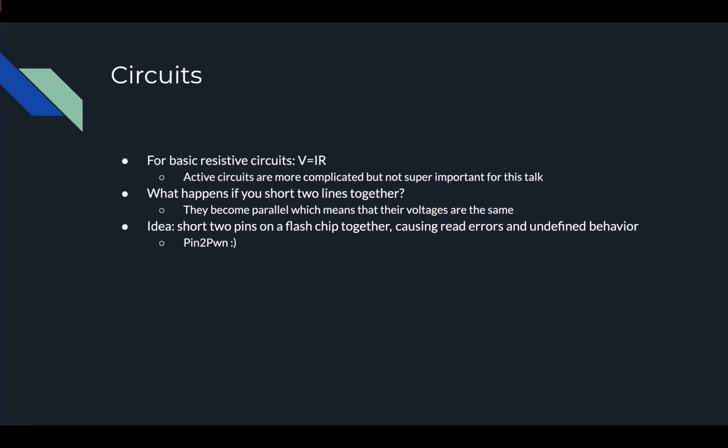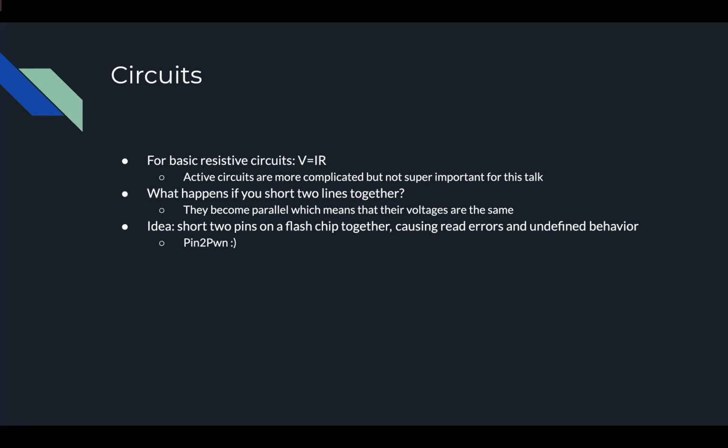And resistance is just basically a way to dissipate energy in the form of heat. Usually a resistor will just burn a little bit. Active circuits are more complicated, but for DC stuff, which is mostly what we're doing, it's not super important for this. But anyway, so what happens if you short 2 lines together?